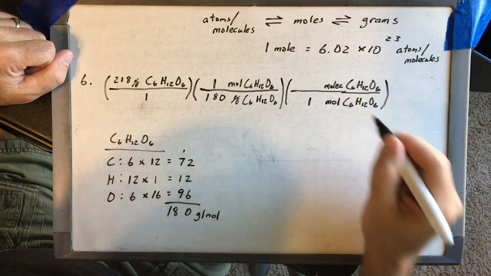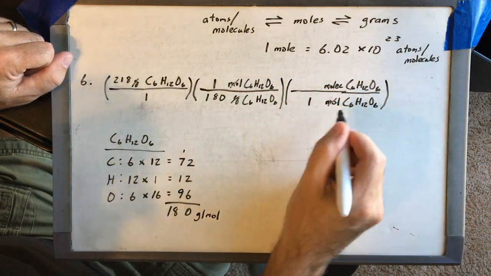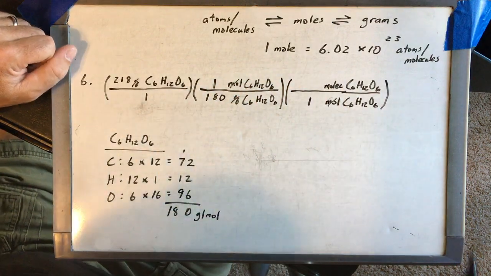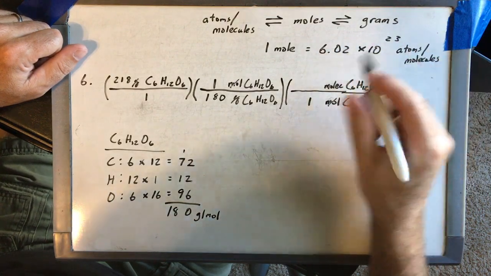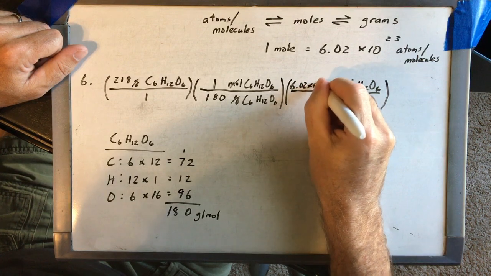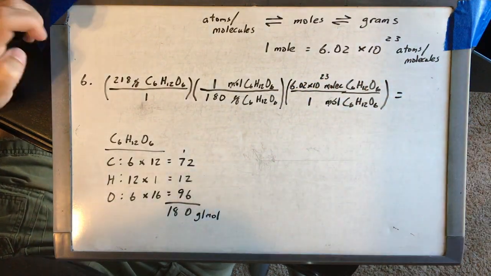The 1 always goes by the mole. So the moles will cancel out, and the only one you don't have a mark through, because everything has canceled out, is molecules. How many molecules are in a mole? 6.02 times 10 to the 23rd. All right, kind of run out of room.